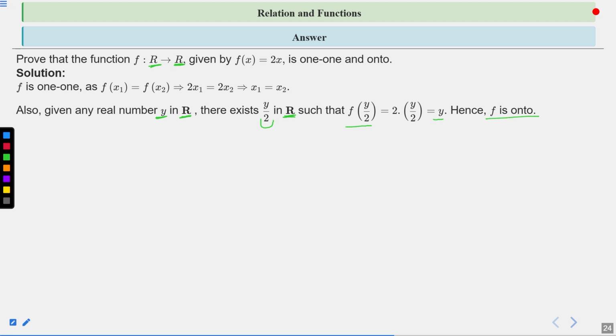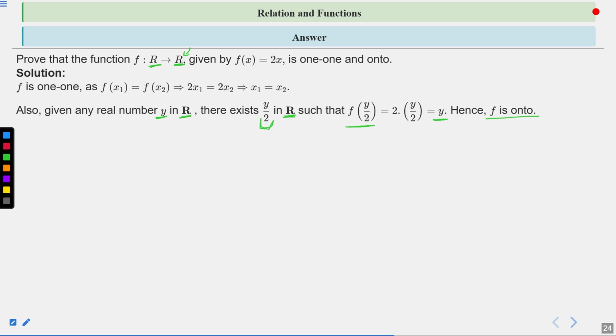So hence f is an onto function. What we have shown is simply we started with any element from the codomain set and said there exists an element from the domain set, and the element is y/2, such that the image f(y/2) is y, meaning this y is associated with y/2. So hence it is onto. I hope it is clear.